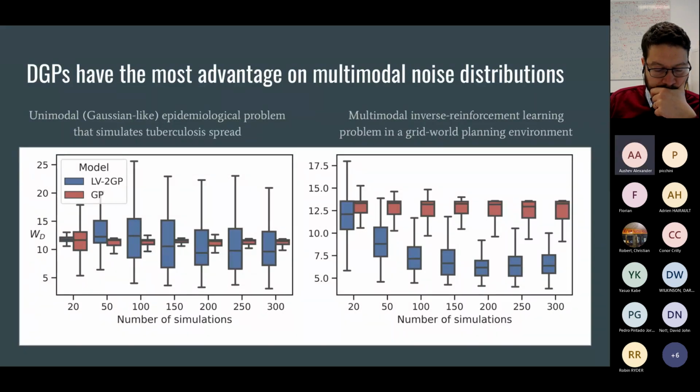And on the left, we see the test case for the problem where the simulator noise is roughly Gaussian, so at least it is unimodal.